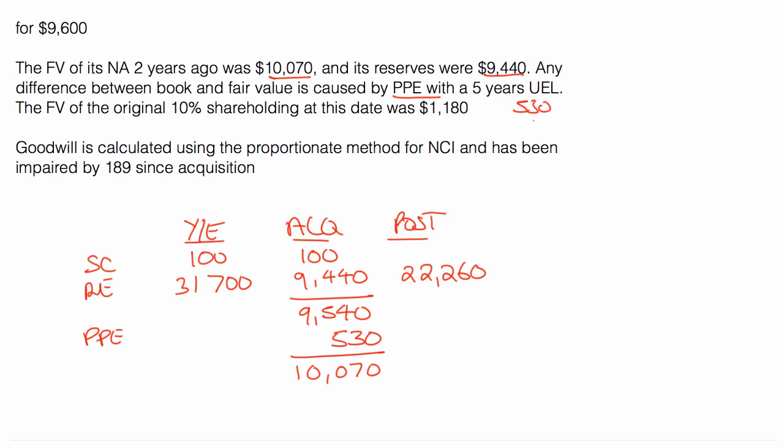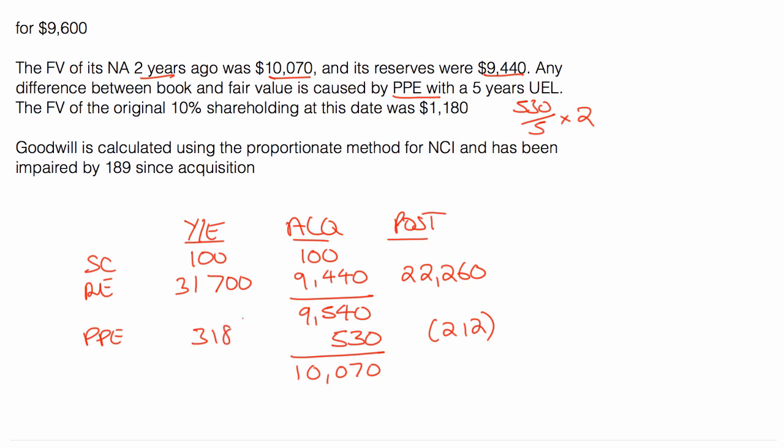So 530 divided by 5 times by the number of years that I've had it. So 530 divided by 5 times by 2 is 212, which would leave me then with 318.